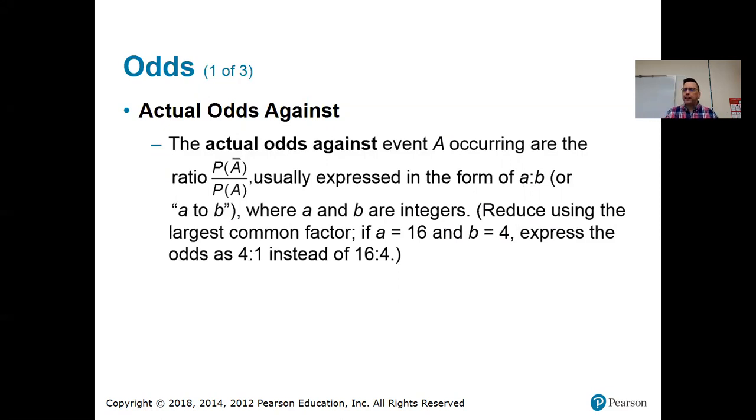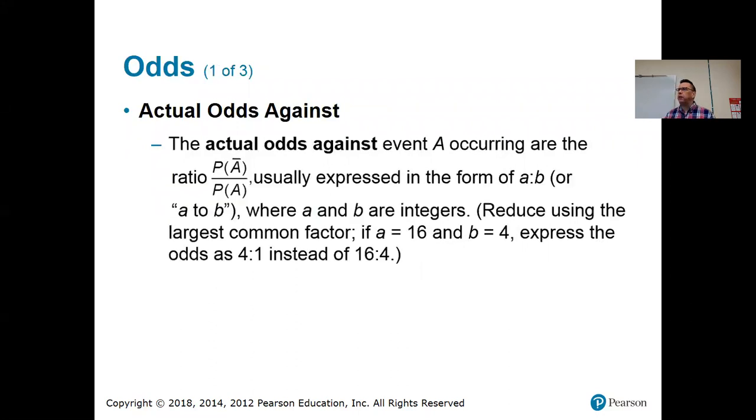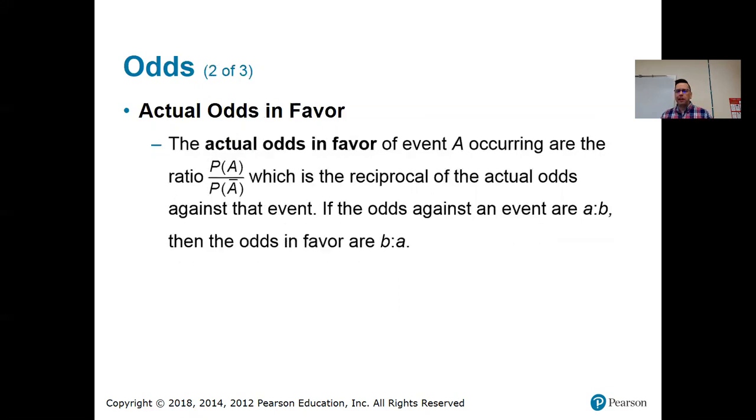Okay, so basically what the actual odds against tell you is how many ways there are for the event not to happen compared to how many ways there are for it to happen. So odds against are what you typically see at a casino. Okay. But there is such a thing as odds in favor, so that would be the reciprocal.